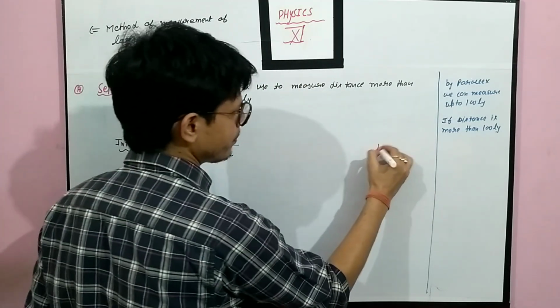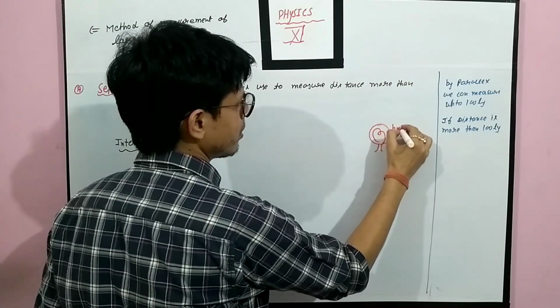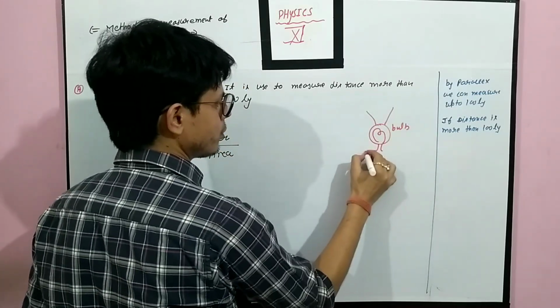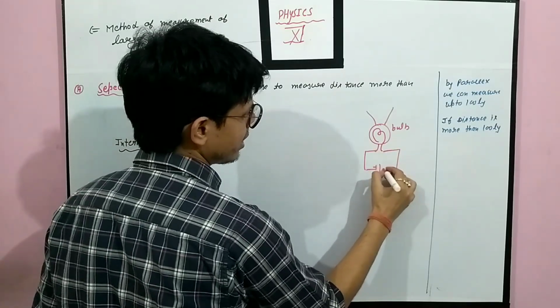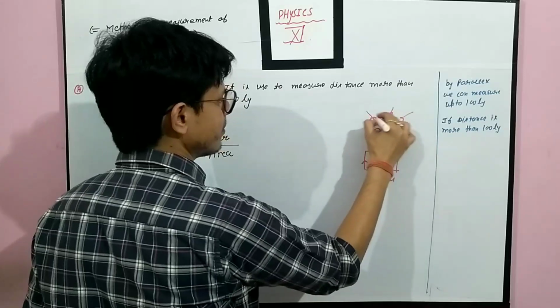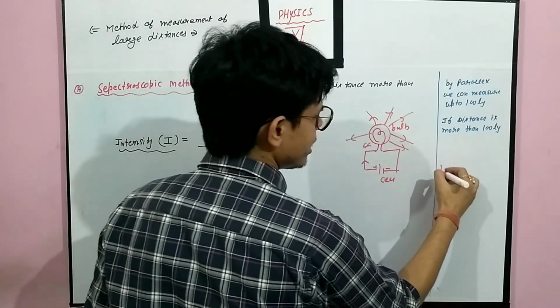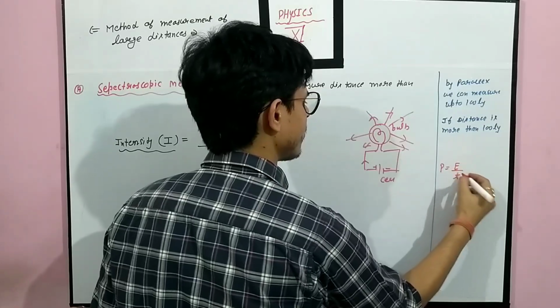Suppose this is a bulb. This bulb is glowing. Suppose we connect it through a battery or cell, then a current starts to flow and this will glow. It will emit energy, and energy per unit time is called power.